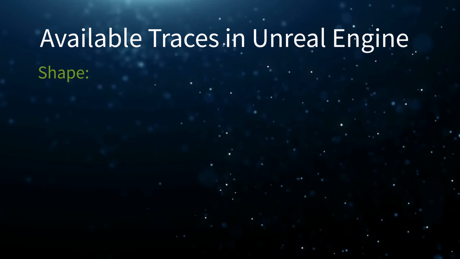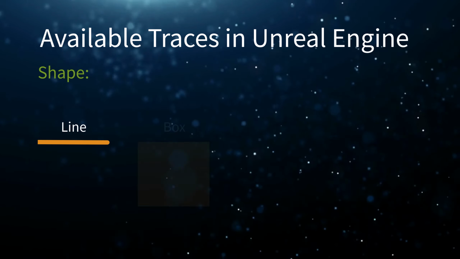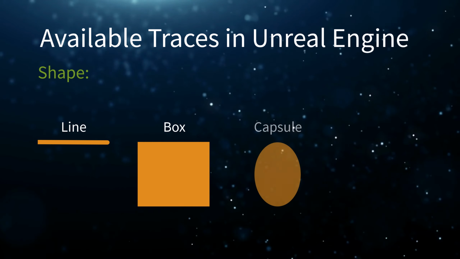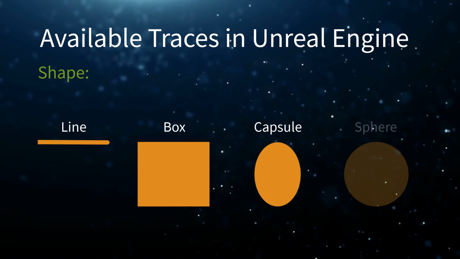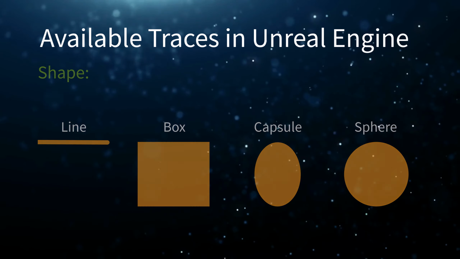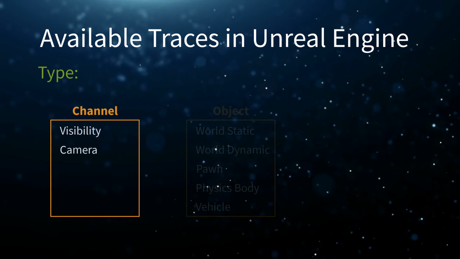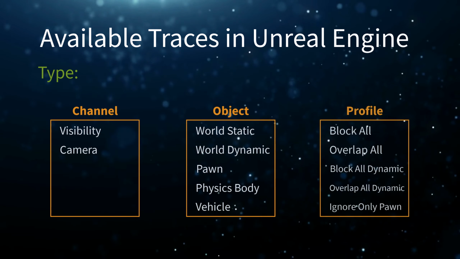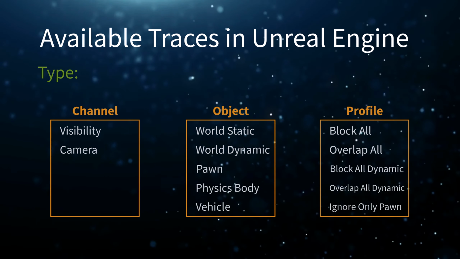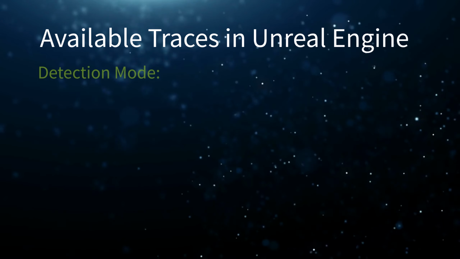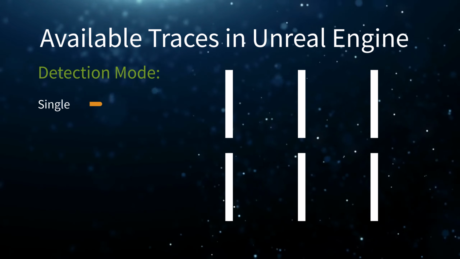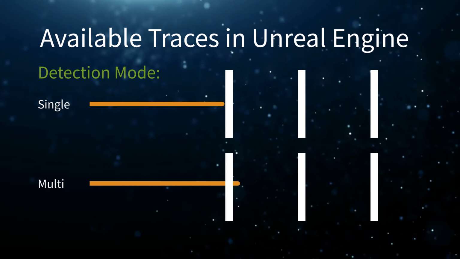By shape, you have the line, box, capsule, and sphere traces. By type, you have channel, object, and profile traces. And by detection mode, you have single and multi traces.